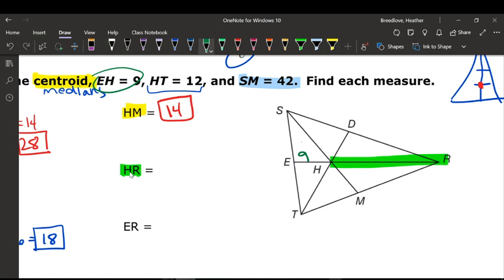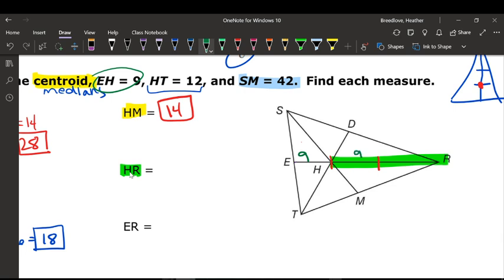And so if I split my median into 3 pieces, it splits at the centroid, and then the pointy end gets split into 2 pieces. So there's my 3 equal pieces. I can already see each section is going to be the length of 9 because the section towards the side of the triangle is 1 piece.